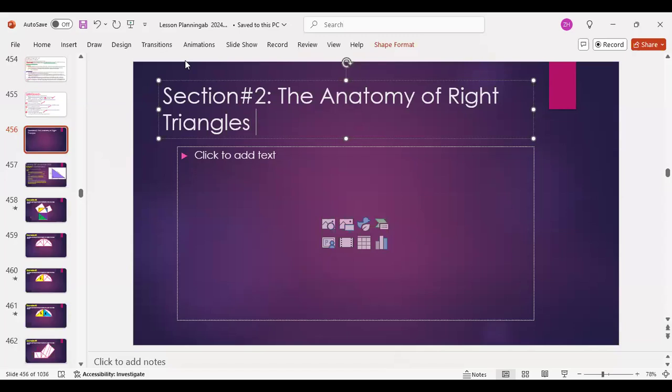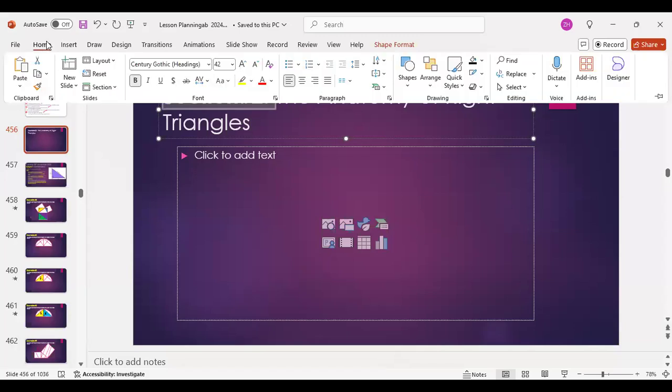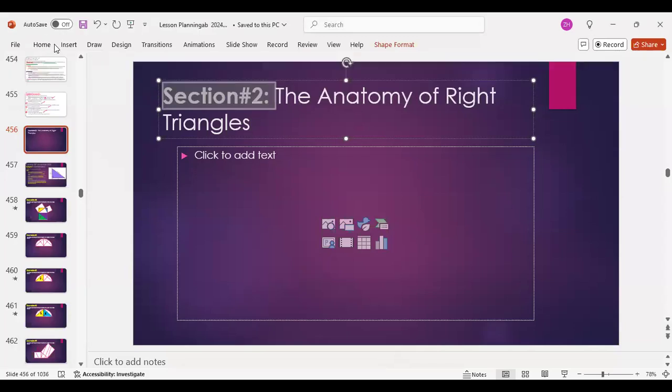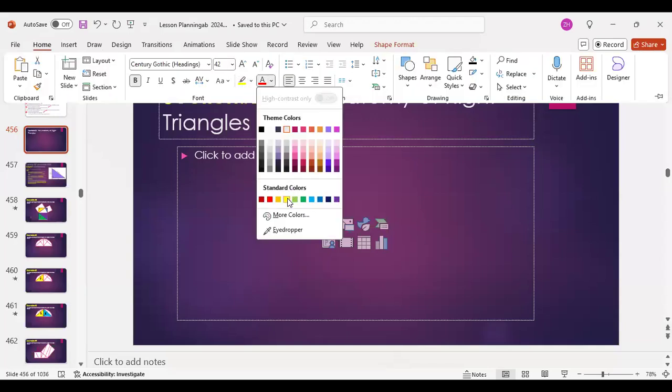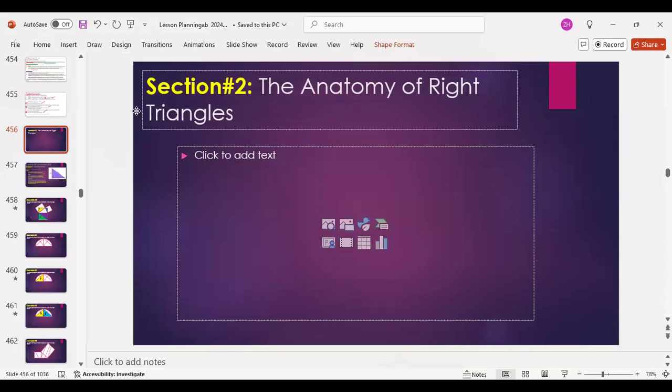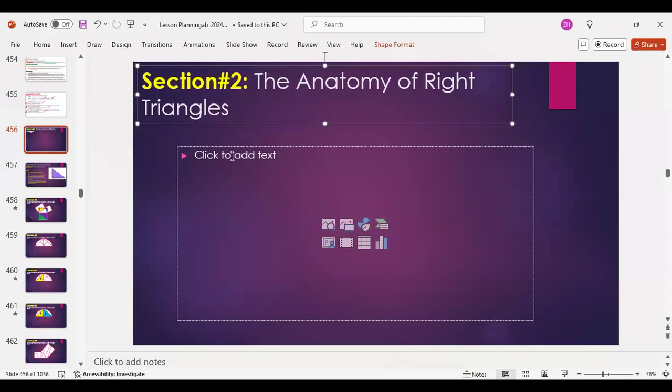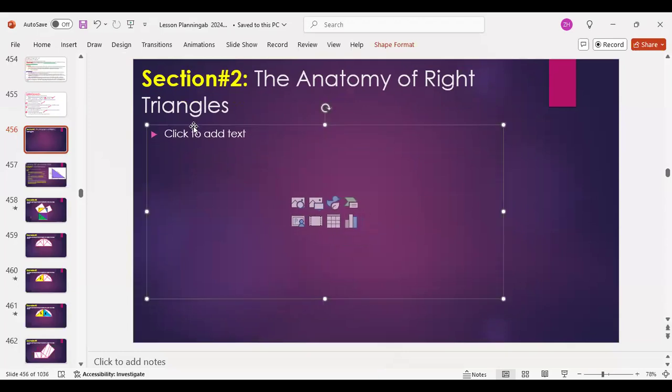I'm finished. Okay. You have to pass it with 80%. Still working on it. Okay, so we're looking at the anatomy of right triangles. The first thing that we know is that, one moment.